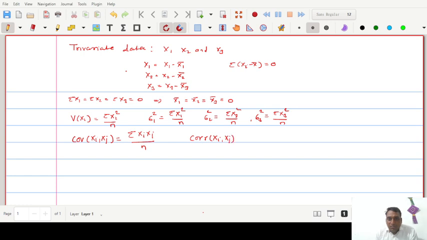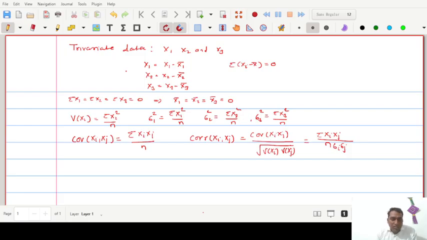We use this formula, which is equal to covariance of xi xj upon under root of variance of xi and variance of xj. So by definition, covariance of xi xj is summation over xi xj upon n, and variance by taking square root we will get sigma i and sigma j.